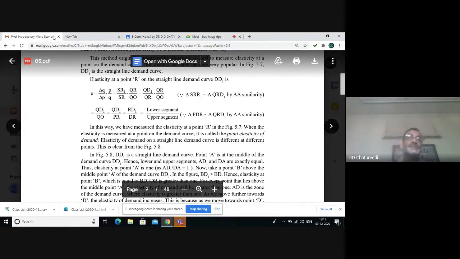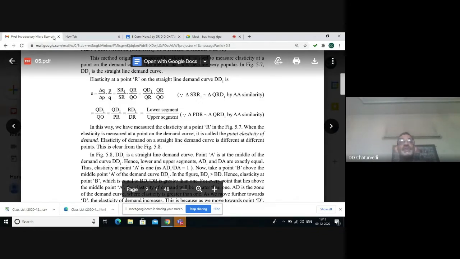We can revise. Elasticity of demand is equal to delta Q upon delta P multiplied by P upon Q. Delta Q is SR1. Delta P is SR. Price is QR. And quantity is QO or OQ.